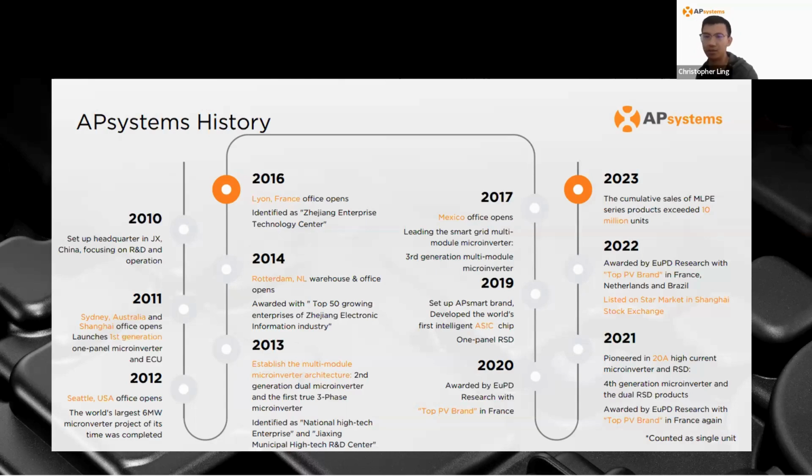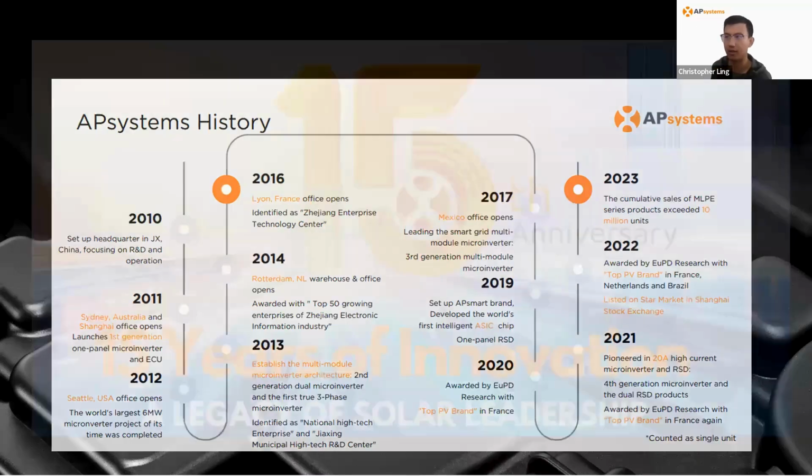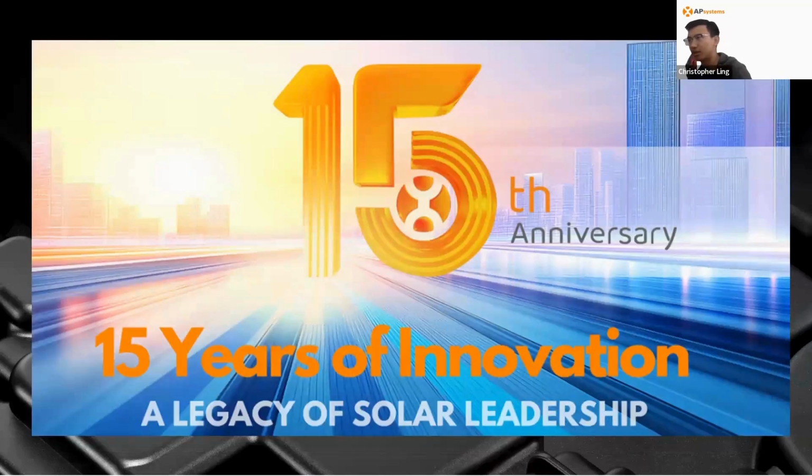Ever since then, we've had a bunch of other products, including a rapid shutdown device and the three-phase native microinverter. And very recently, we celebrated our 15th year anniversary. I think it was around February. For us, we've had a pretty long history serving our clients for microinverters, so we were hoping to have an additional 15 years into the future.